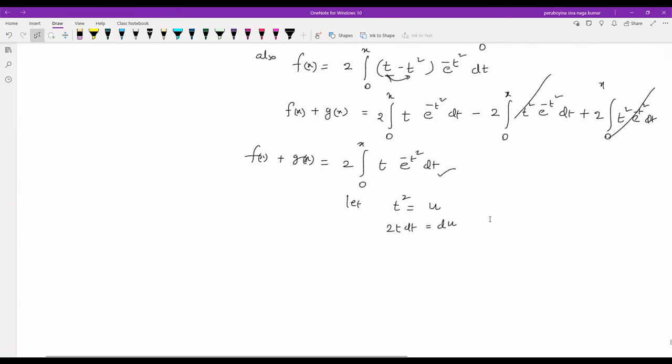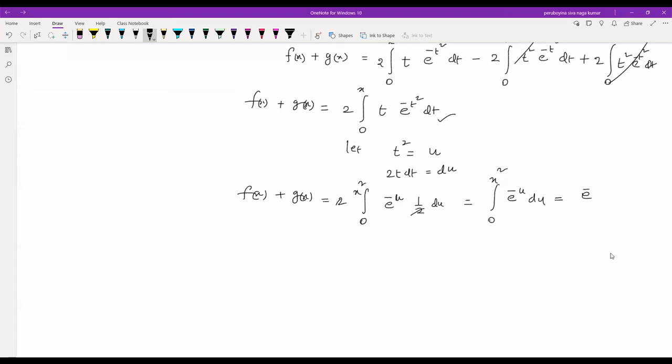Then f of x plus g of x becomes 2 times the integral, with limits also changed accordingly, 0 to x square, of e power minus u and 1 by 2 du. This 2 got cancelled, and this equals the integral from 0 to x square of e power minus u. Just 1 minute.